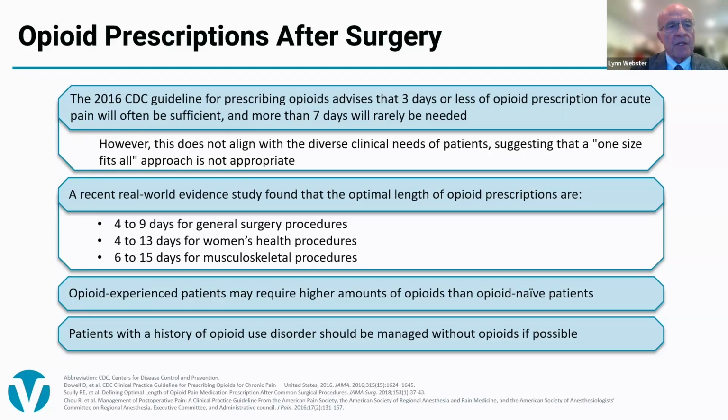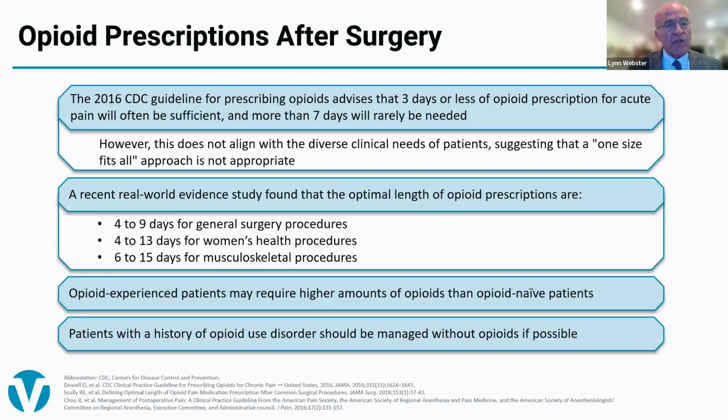There have been publications in the real world that have demonstrated, and my references are down here below, that patients under general surgery often require, on average, between 4 to 9 days. And with some of the gynecologic health problems or surgeries, it could be 4 days to 13 days, and orthopedic procedures 6 to 15 days.